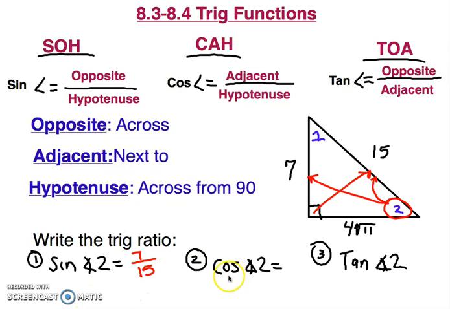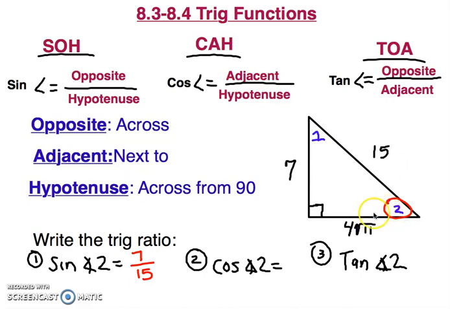For example 2, we want the cosine of angle 2. So again, we're starting with our angle. Cosine is adjacent over hypotenuse, and adjacent means right next to it. When we look at our angle 2, we actually have two sides that are right next to it.